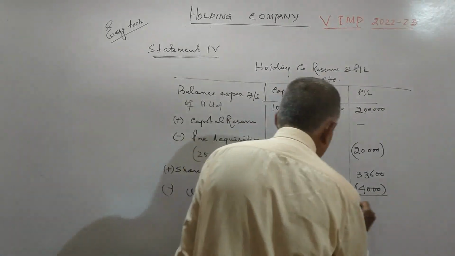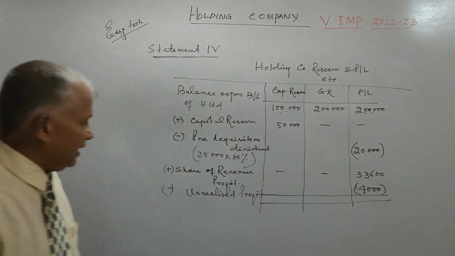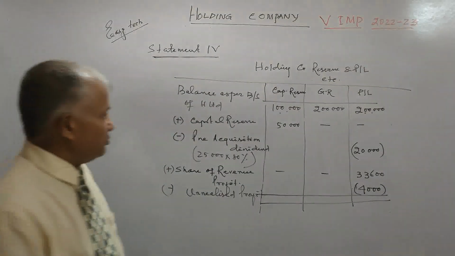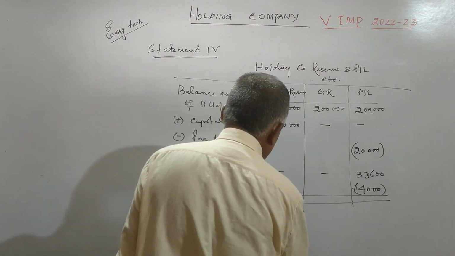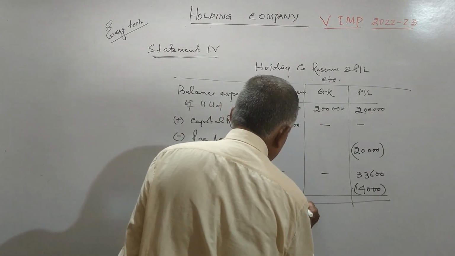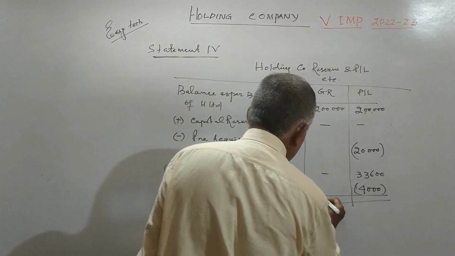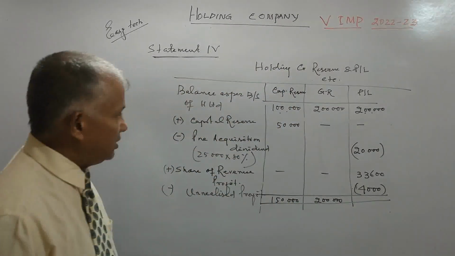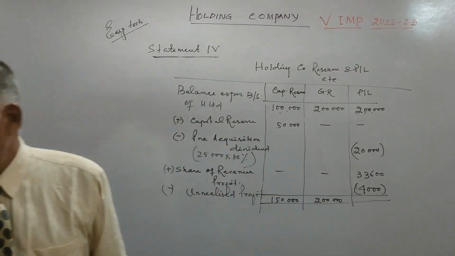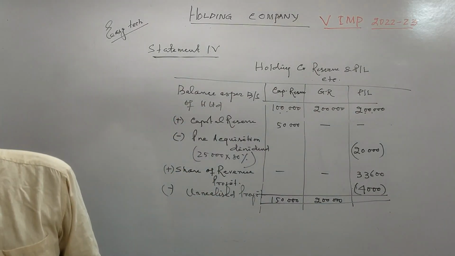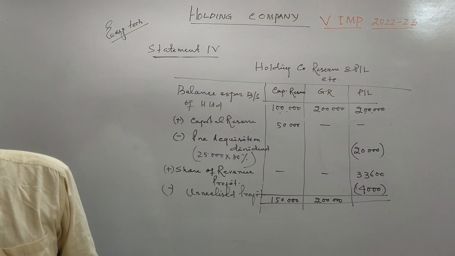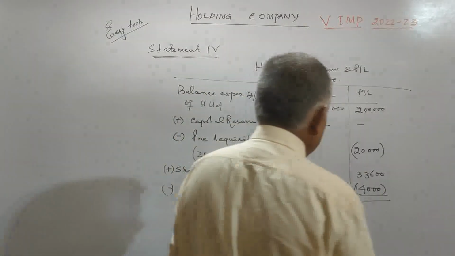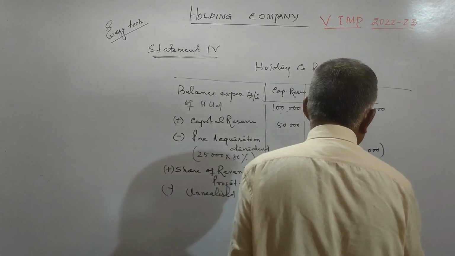So if we make a total here, this will be your 1,50,000. This is your 2 lakhs. There is no adjustment, and this will be your 2,09,600.